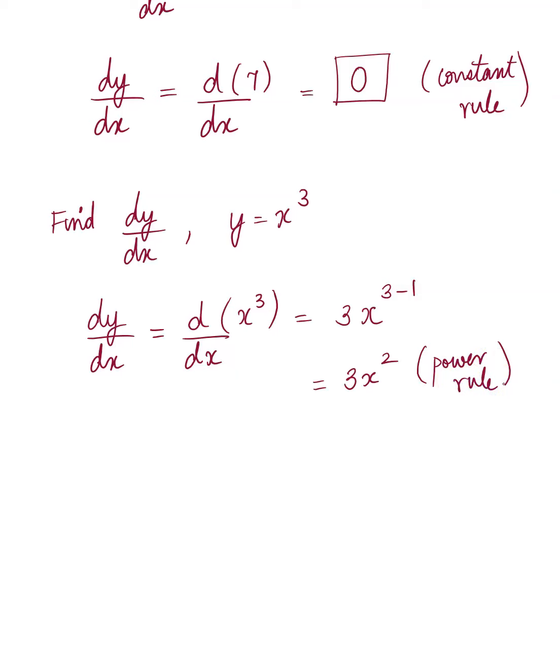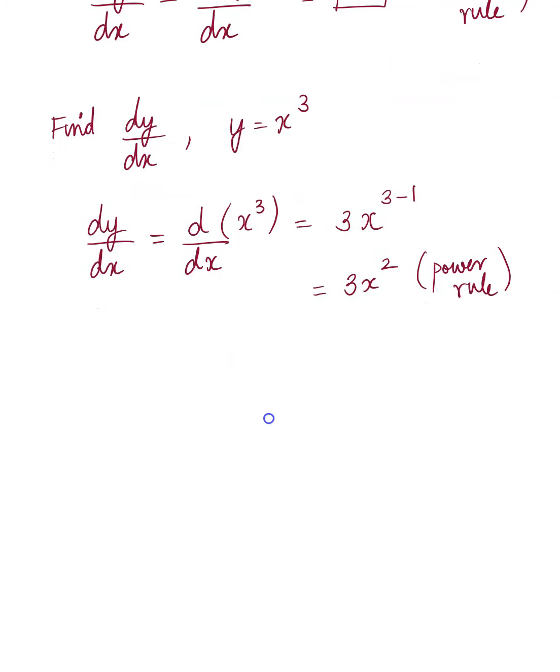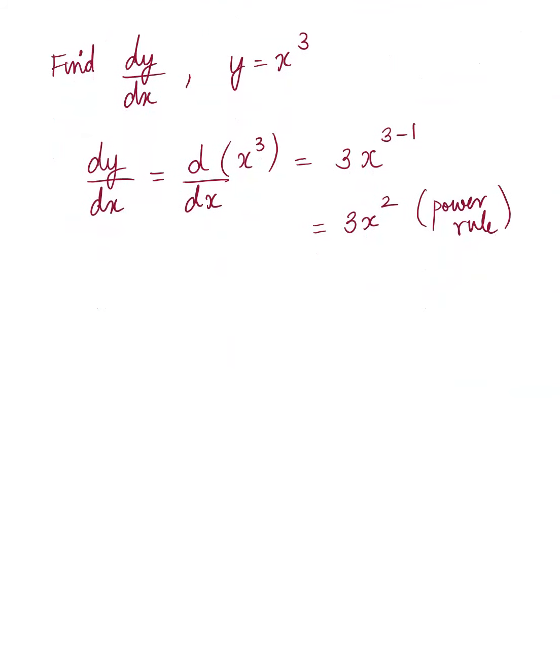Okay. Now I want to quickly give you the importance of these rules. These rules make our life so much easier, no doubt. But if you were to do it in the original traditional way of finding the slope, then what you would have done is you would have y, which is like your f of x, to be x cubed, and you will need f of x plus h, which is x plus h the whole cubed.